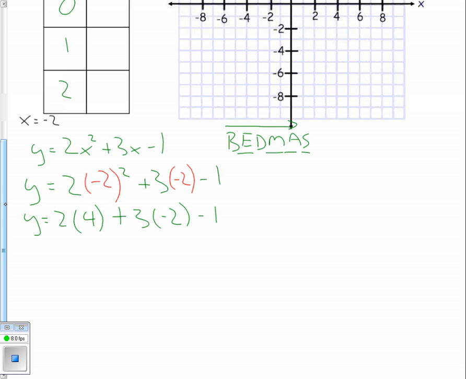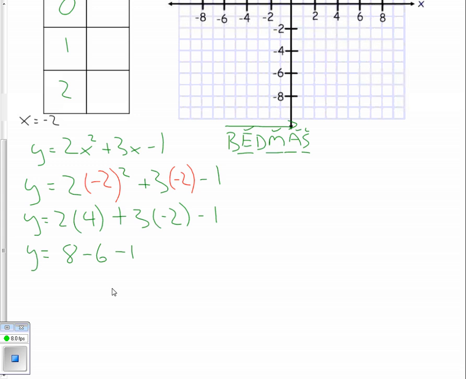Okay, so I've dealt with my exponent. Now I'm going to deal with my multiplication. So y is equal to 2 times 4, which is 8, plus 3 times -2. Well, positive 3 times -2 is actually -6 minus 1. So now I've dealt with my multiplication, and now I'm going to deal with my addition and subtraction.